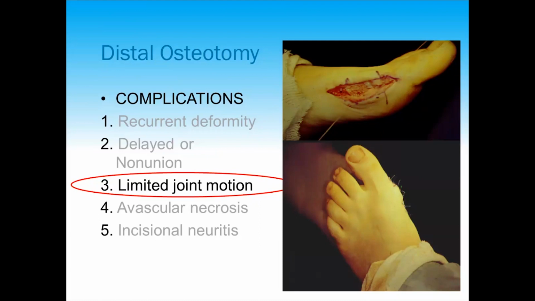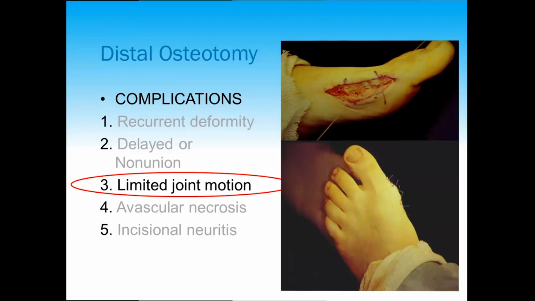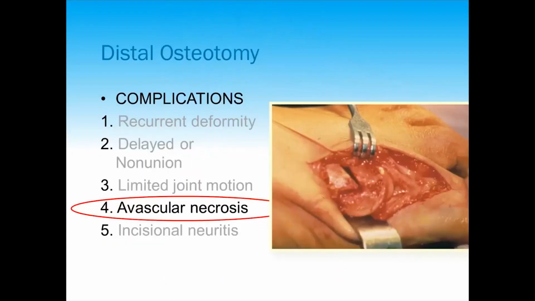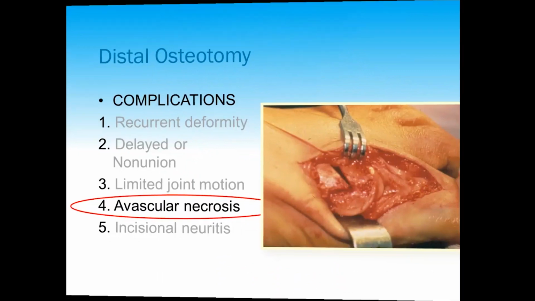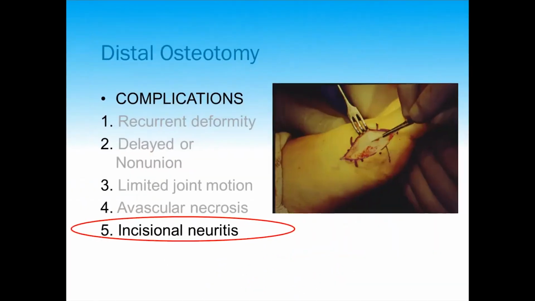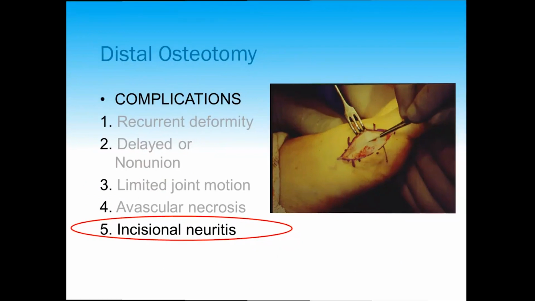I think this was occurring with me in 1 out of 10 patients, or maybe sometimes 2 out of 10 patients, with this stiffness. Avascular necrosis can happen because of the open procedure on the capital fragment. Not common, but it can happen with the traditional bunion procedure or bunionectomy. And then you can get incisional neuritis based on closure or scarring with the bigger open incision.